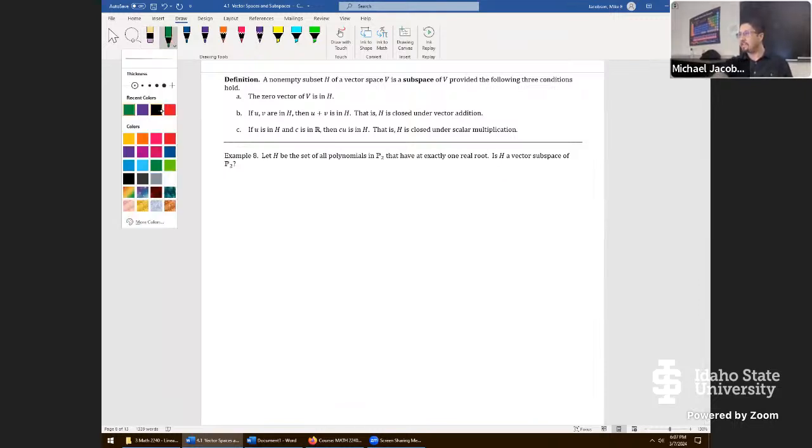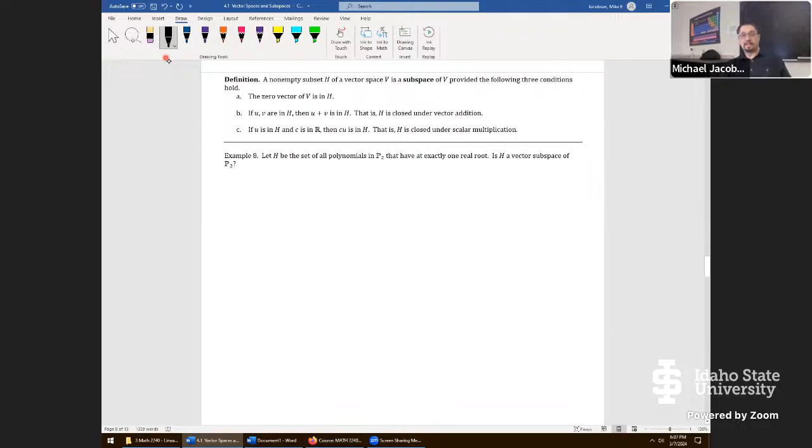If I can't write a set down in a nice way that's helpful, we can at least plot this thing. They're polynomials, so we can plot them in a t and y equals p of t kind of space. It says it has exactly one real root.